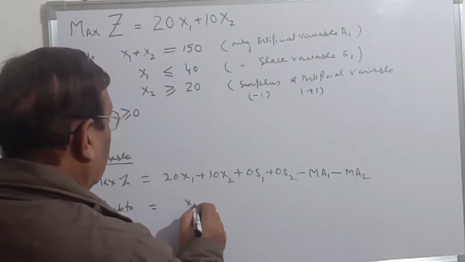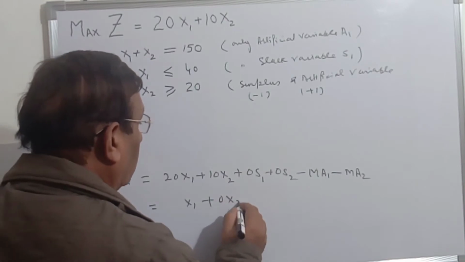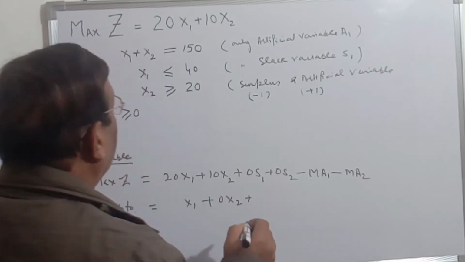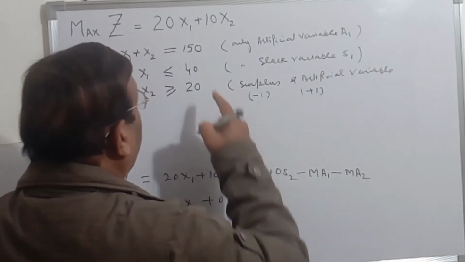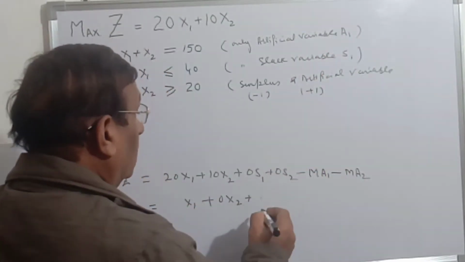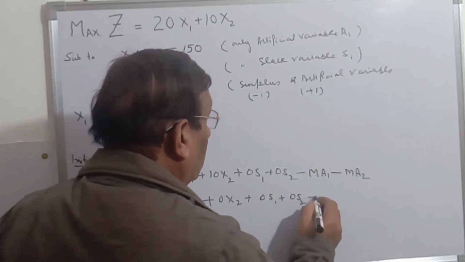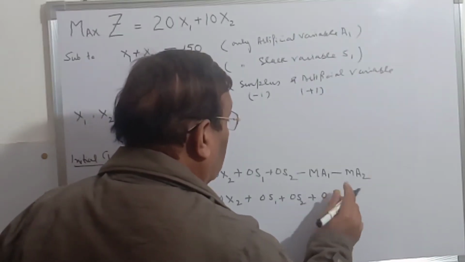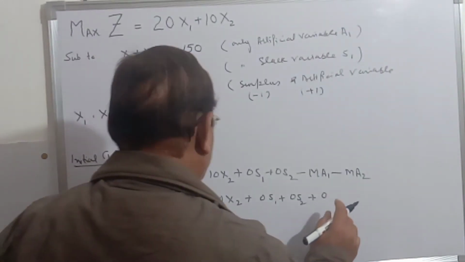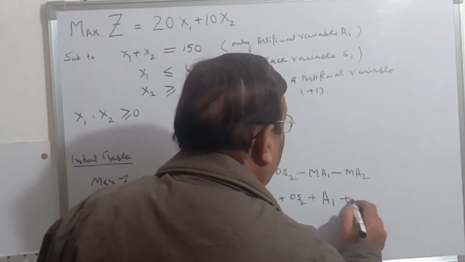x1 plus, there is no x2, so you have to write down 0x2 for the sake of symmetry, plus here only a1, only artificial a1. It means no s1, no s2, only a1, plus 0a2.